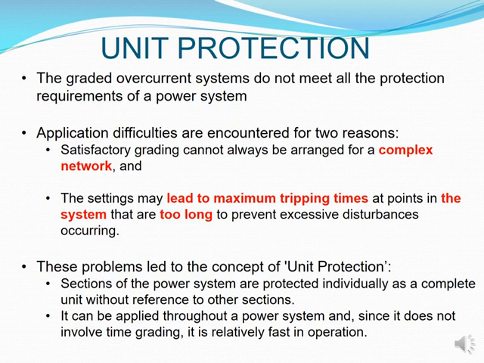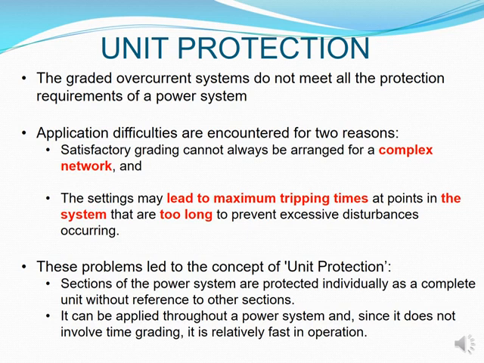So one of the things that was then introduced was what we call the unit protection. What this does really is look at a system and segregate it into different or smaller systems or components so that the protection can be done per component or per section of that system.